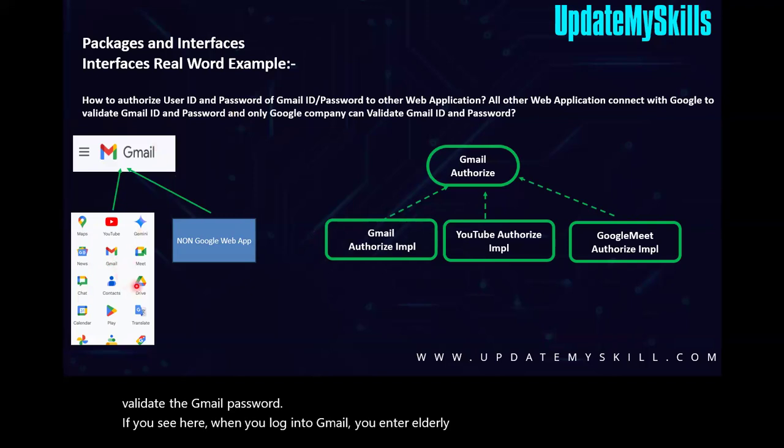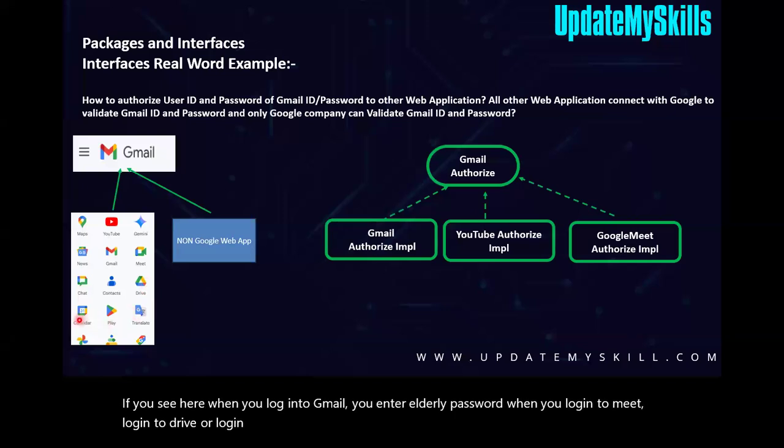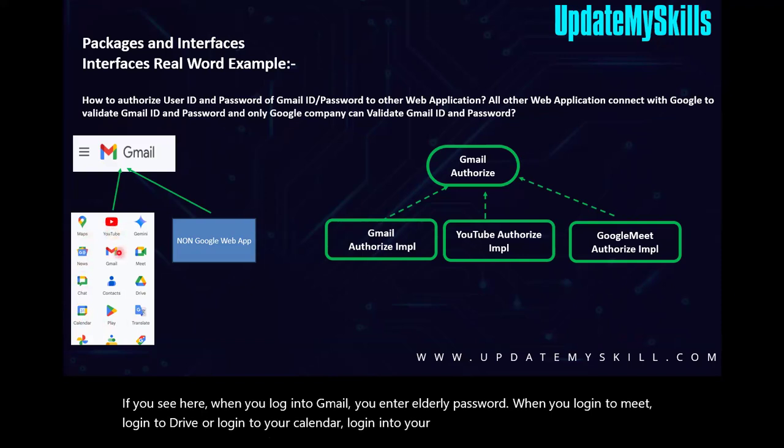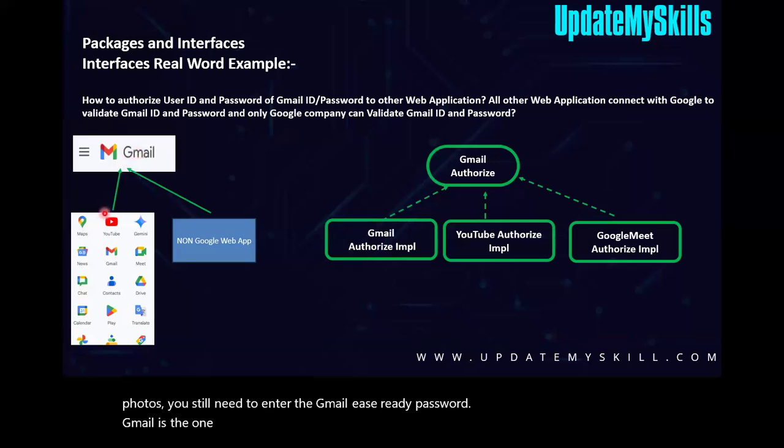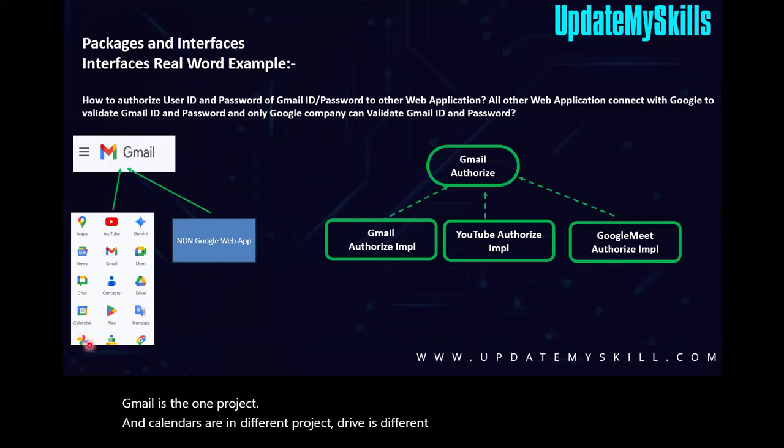When you log into Meet, Drive, your calendar, YouTube, or Photos, you still need to enter the Gmail user ID and password. Gmail is one project, and Calendar is a different project. Drive is a different project. Photos is a different project.